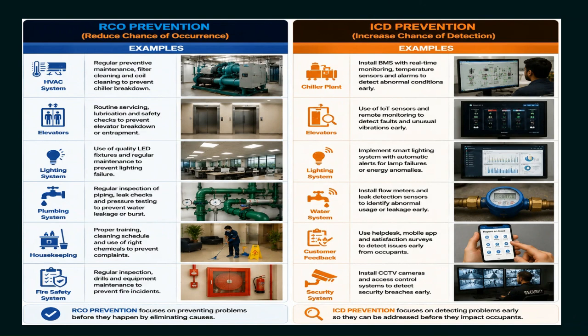Proper training, regular inspection drills, these are all RCO prevention. Installation of flow meters, a help desk tool, a CCTV access control system to detect security breaches: these are all chance of detection. You have a lot of opportunity to improve RCO and ICD, and I would prefer you all to take a project to do RCO and ICD prevention.